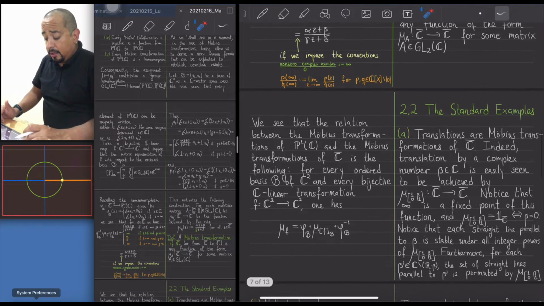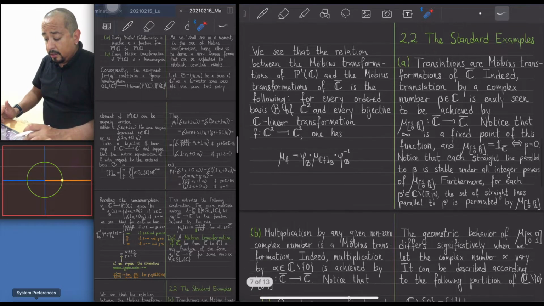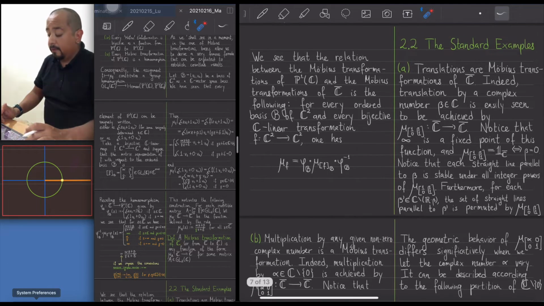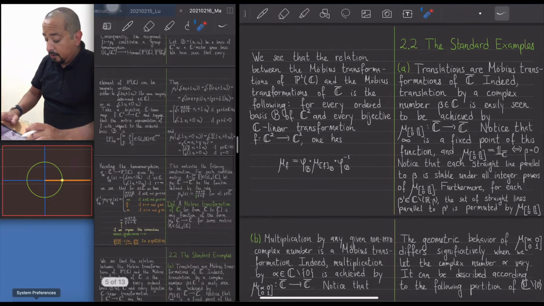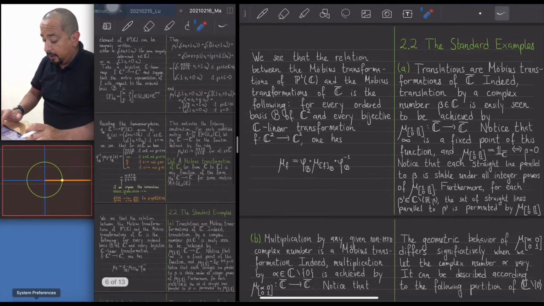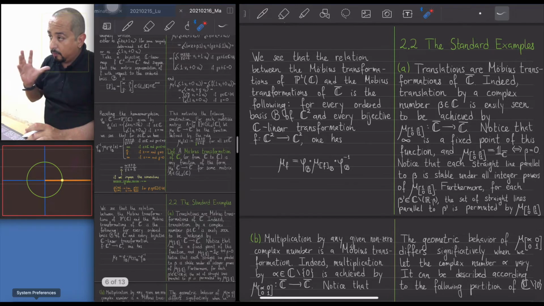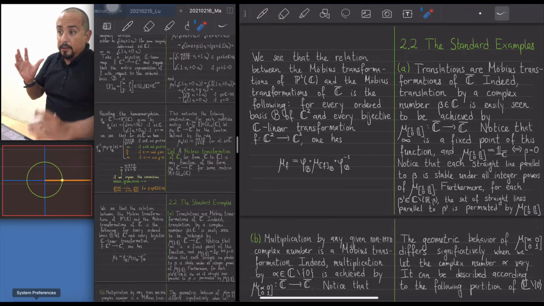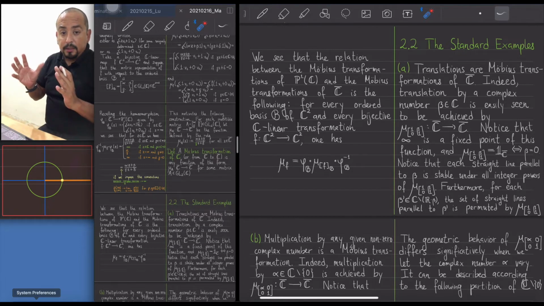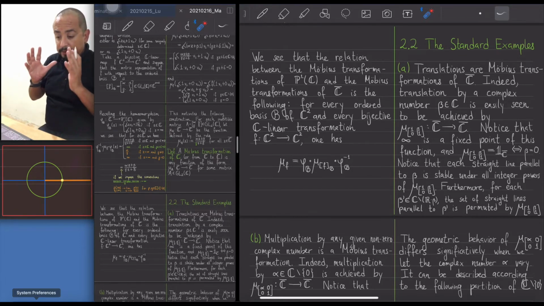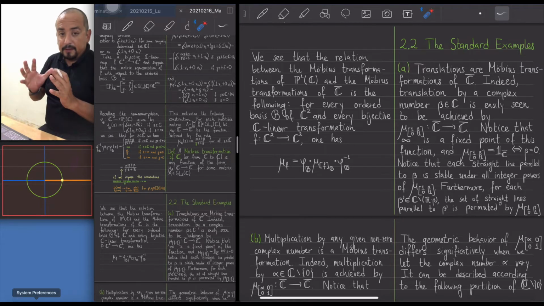Now let us give some examples. All of this is very nice, but it would be nice to give some concrete examples, and if possible to have some basic geometric analysis of these basic examples.